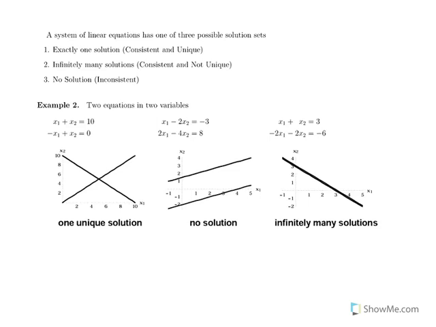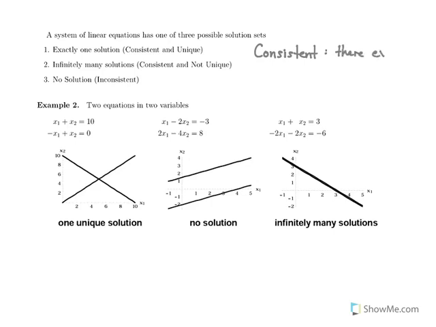When we're talking about solutions of linear equations, there are three possible things that could happen. You could have exactly one solution. That means consistent and unique. You could have infinitely many solutions, that is consistent and not unique, or you might have no solution, that being inconsistent. In this case, when we're talking about consistent, that word means that there is a solution.